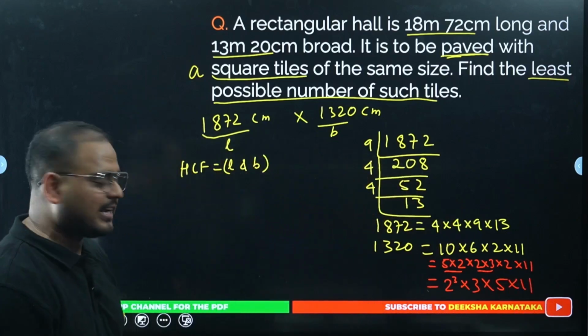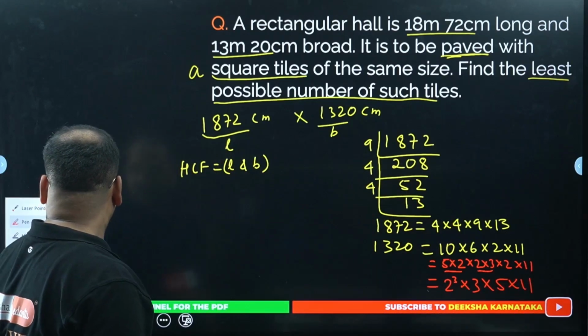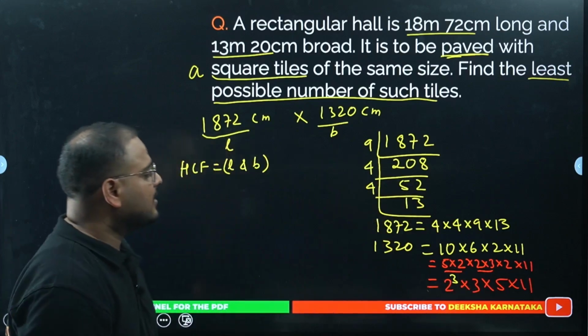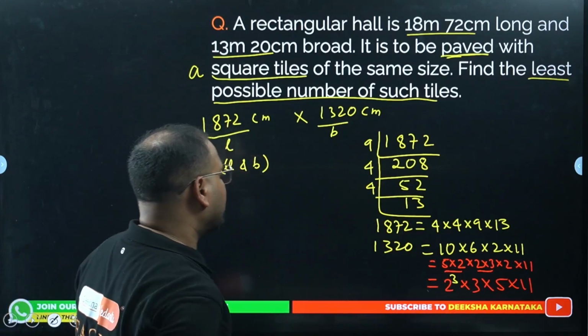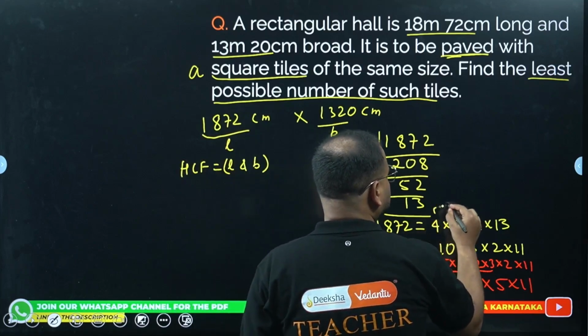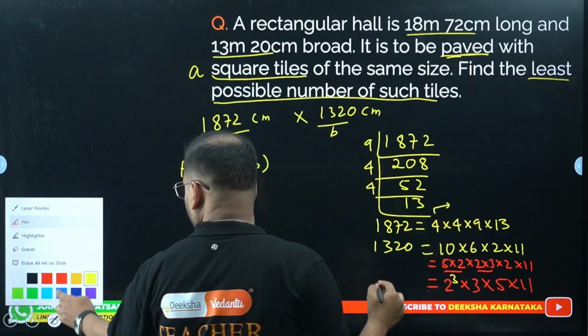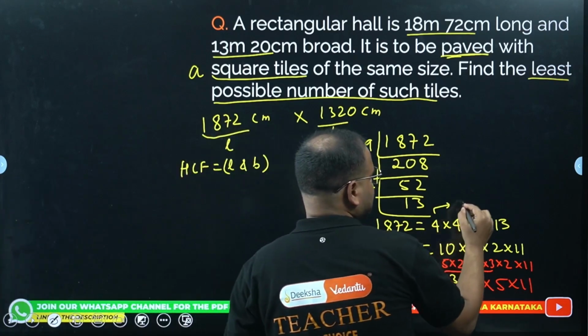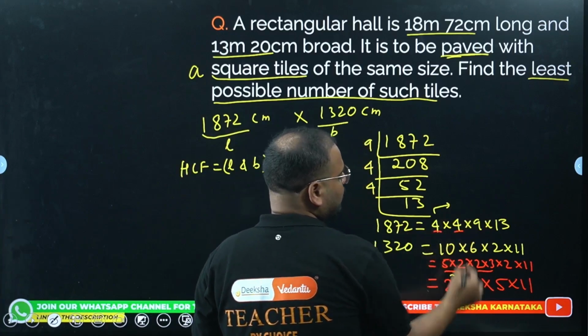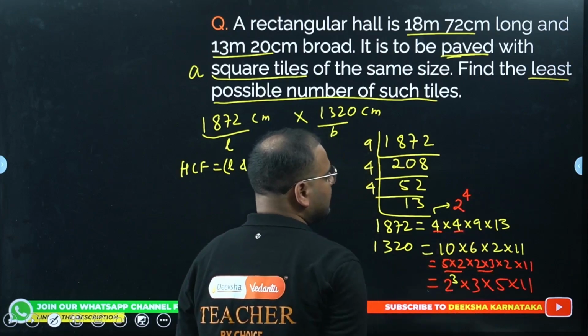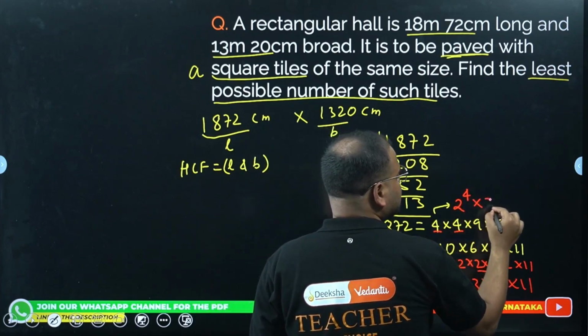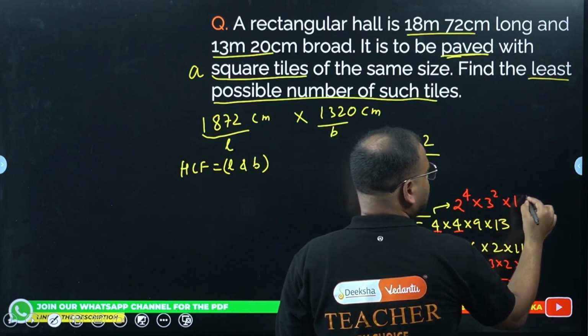What about the other number? What can we do about this number? We can write this as 2 power 2 is here, 2 power 2 is here. So write this as 2 power 4 times 3 square times 13.